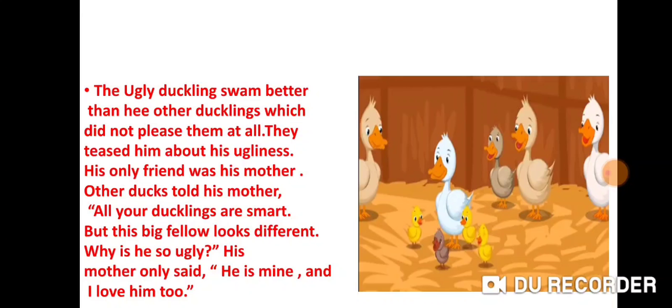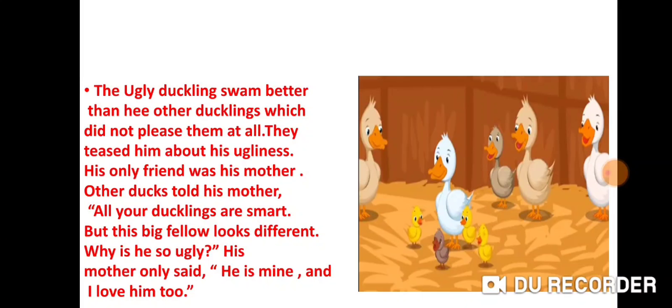His only friend was his mother. Like for every child, the first friend, the first protector is always their mother. In the same manner, for the ugly duckling also, his mother was his first close friend and his only friend. Other ducks told his mother, "All your ducklings are smart, but this big fellow looks different."